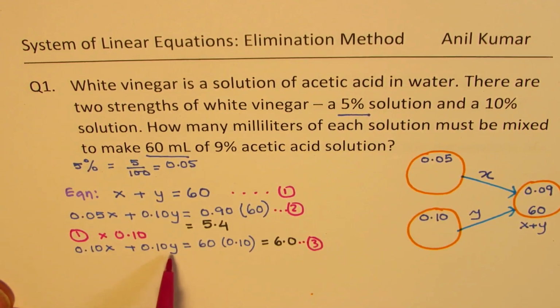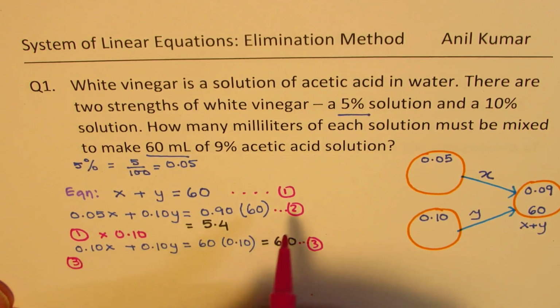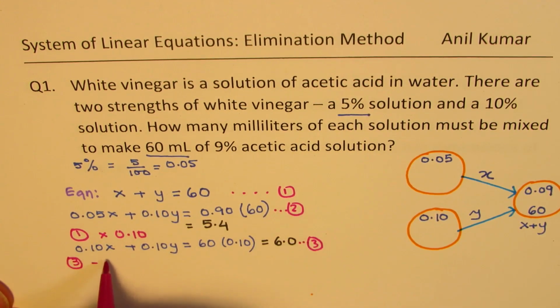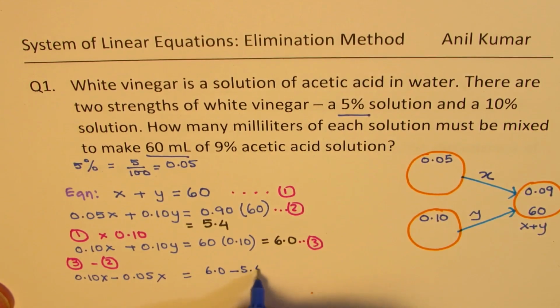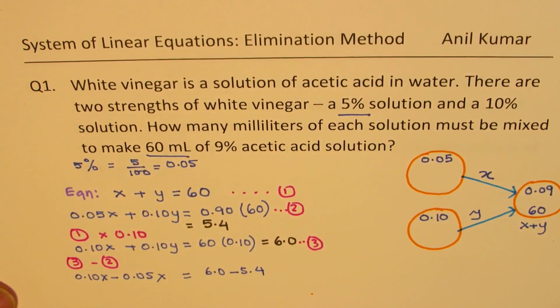Now we can eliminate Y by taking away equation number 2 from 3. So if you do that, then 0.10x minus 0.05x, the y terms cancel, and you get 6.0 minus 5.4. Clear? So that is how you get your equation.